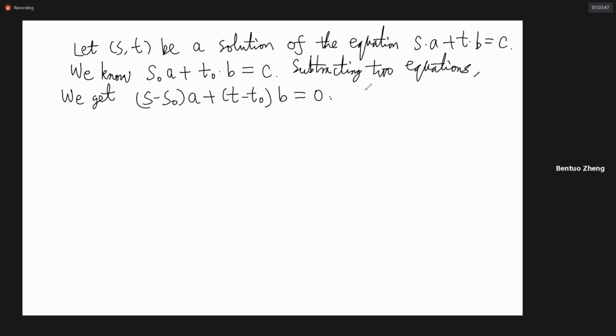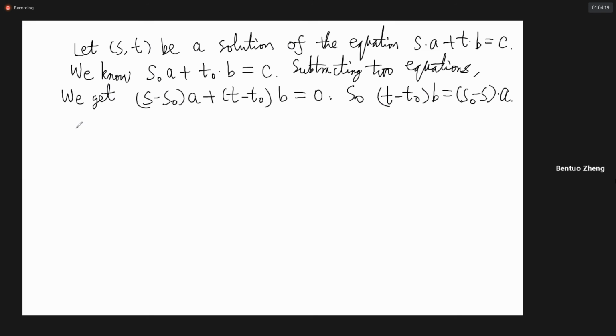So this implies that T minus T0 times B is equal to S0 minus S times A. We just move S minus S0 times A to the right-hand side. So you get this equation.